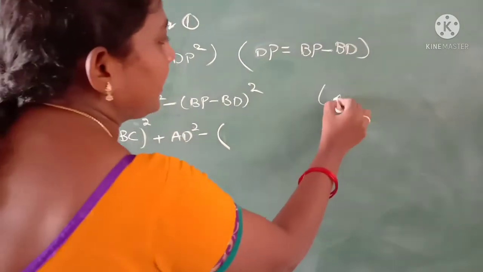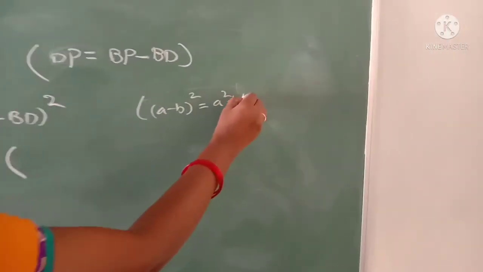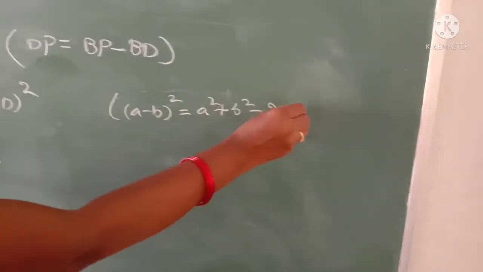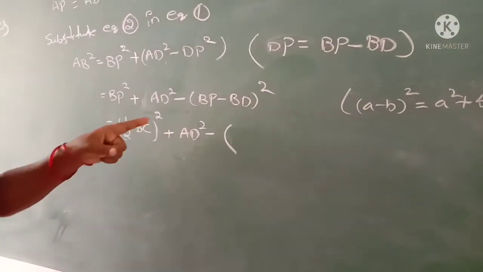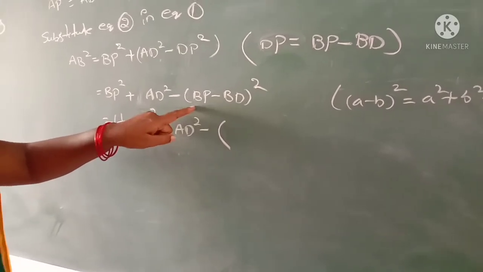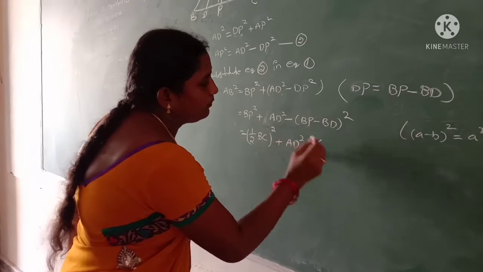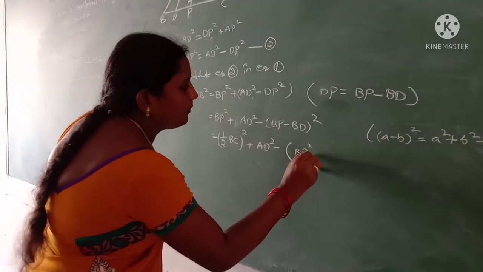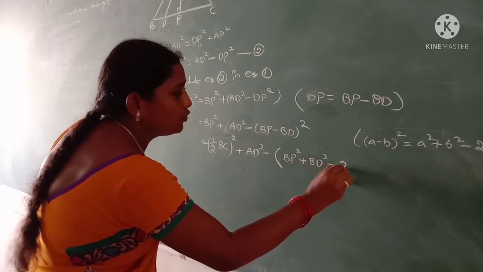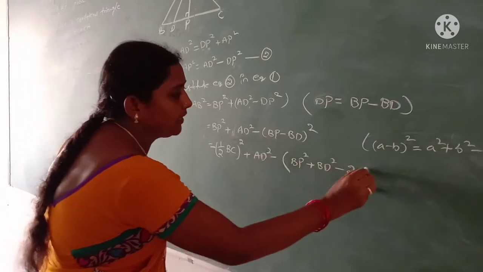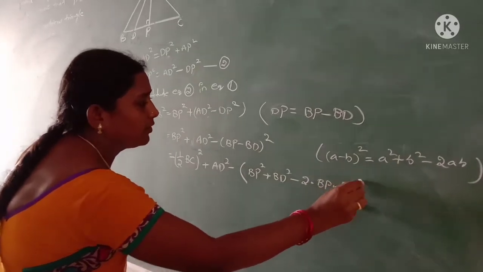We know the A minus B whole square formula: A square plus B square minus 2AB. Here place BP square plus BD square minus 2 into BP into BD.